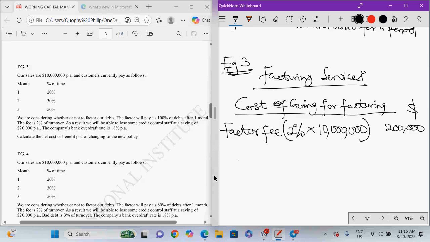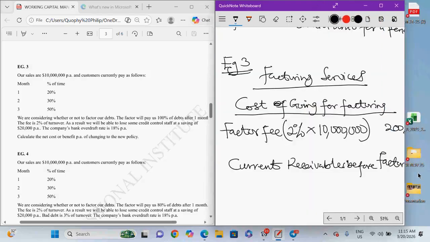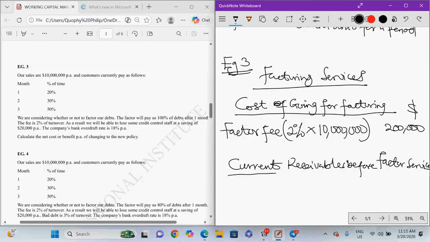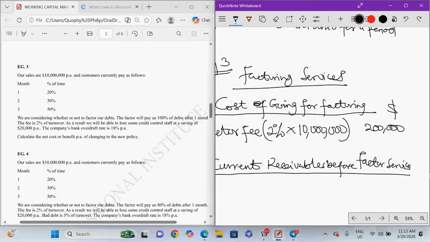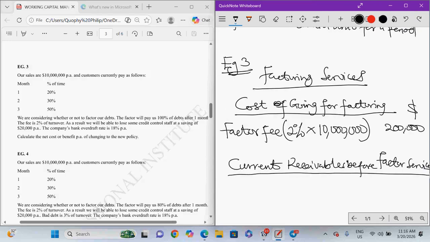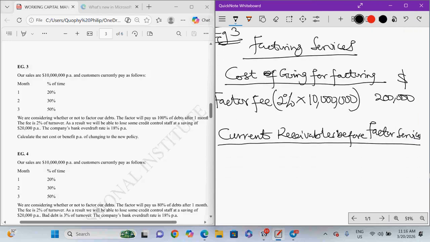Then we look at the current receivables, the way we did for the first one. Current receivables before the factor service.